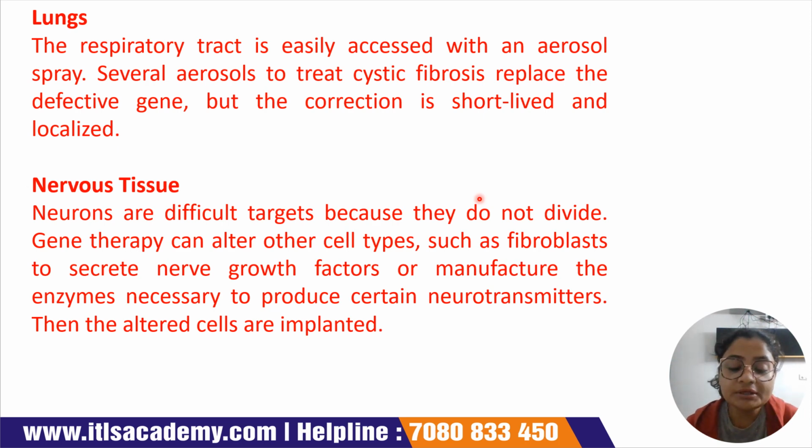Gene therapy can alter other cell types such as fibroblasts to secrete nerve growth factors, or manufacture the enzymes which are necessary to produce certain neurotransmitters like acetylcholine, and then the altered cells will be implanted. So basically we are doing all the manipulations outside the body, and then we are inserting the cells inside the body, because in general neurons are non-dividing cells of the body.